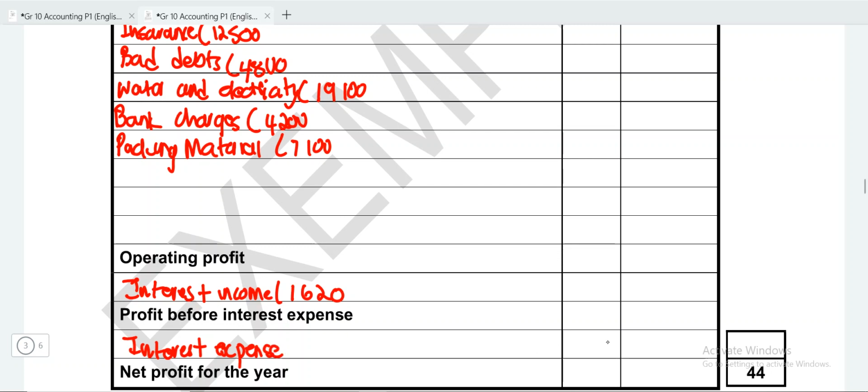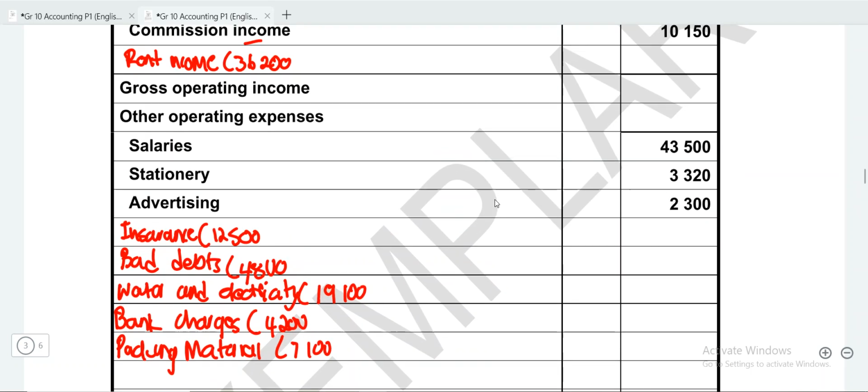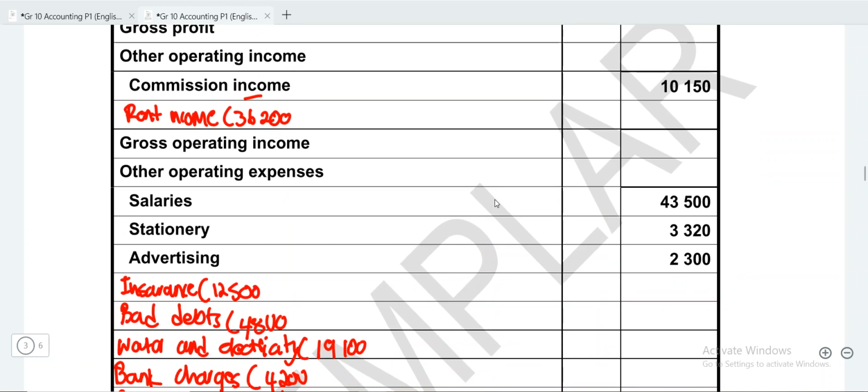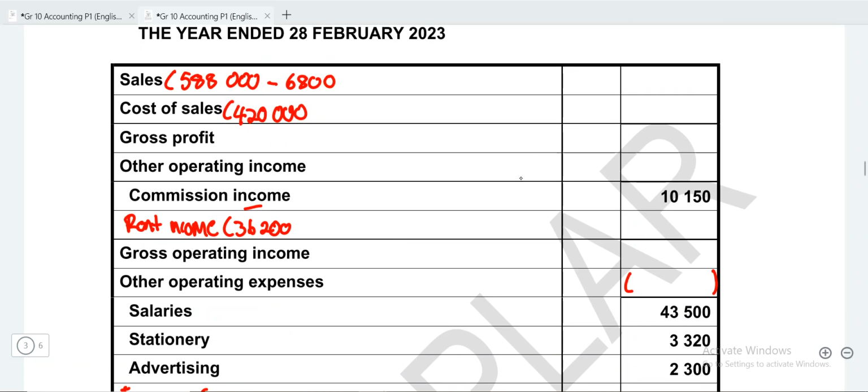So remember, the amount here will be in brackets because it's an expense item. And also for cost of sales and operating expenses, make sure that you put them in brackets so that you don't forget, because learners have got a habit of forgetting that operating expenses in the income statement are supposed to be shown in brackets. Show that, guys, very important.